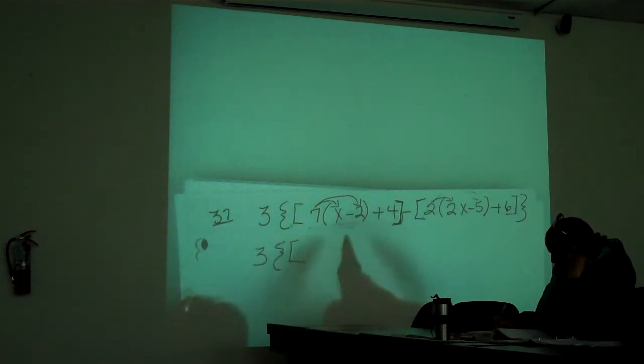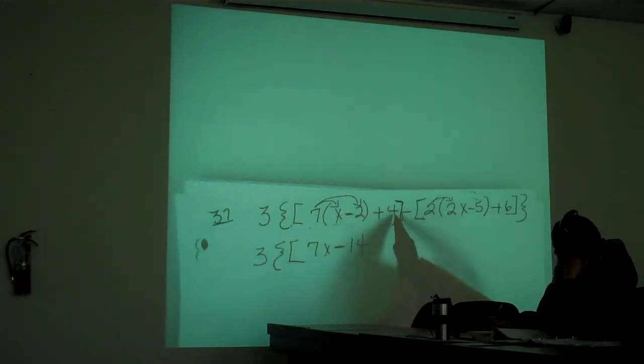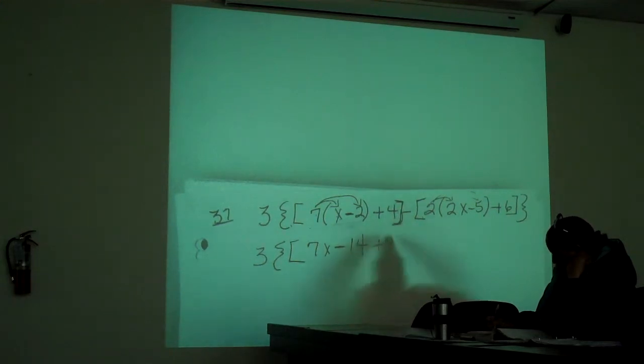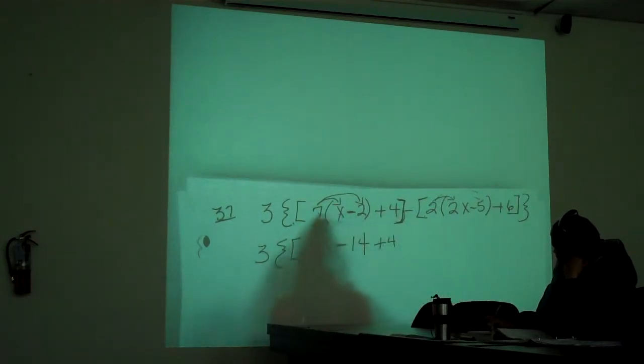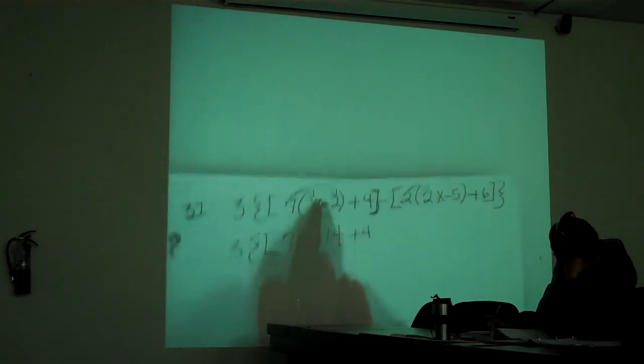Now we're going to distribute 7. 7x is the first part. You put the minus because it's the sign there, and then 7 times 2 is 14. And then you just bring plus 4 down. The 7 doesn't get multiplied over there, just times just the stuff inside the parentheses.